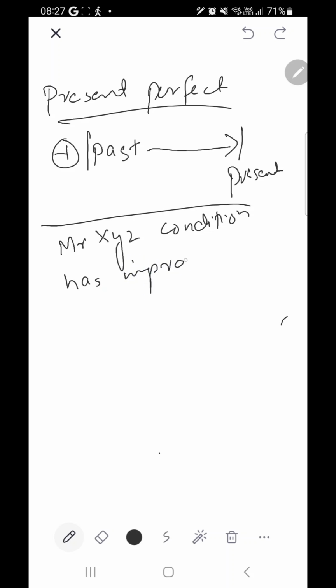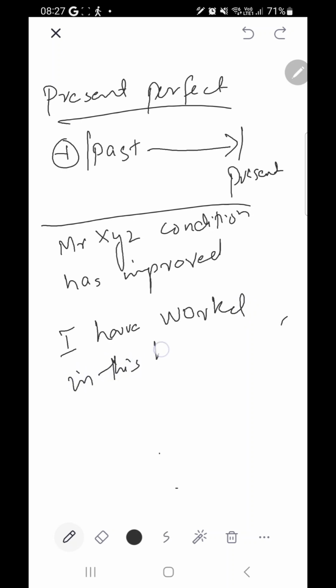So whatever the condition was, let's say even if it's a pain or anything, it's improved. Okay. We can also write it down. I have worked in this hospital, let's say, for 3 years.